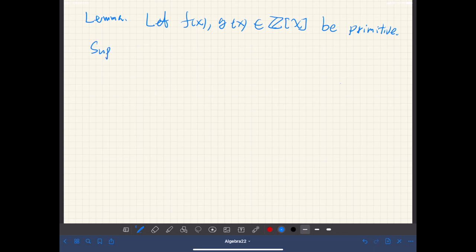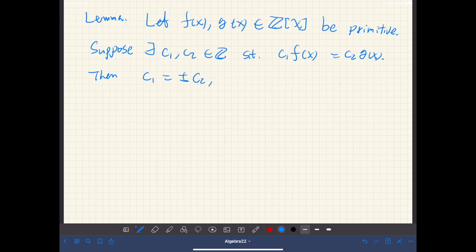Suppose there are integers c1 and c2 such that c1 times f of x is equal to c2 times g of x. Then we have c1 is plus or minus c2, and therefore f of x is equal to plus or minus g of x.